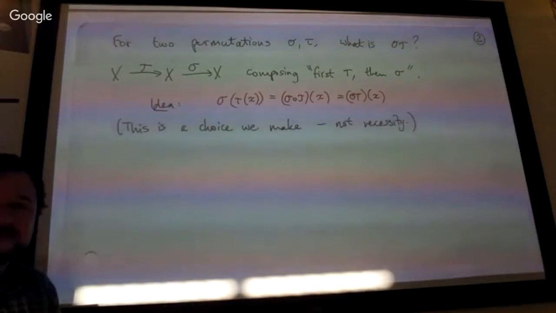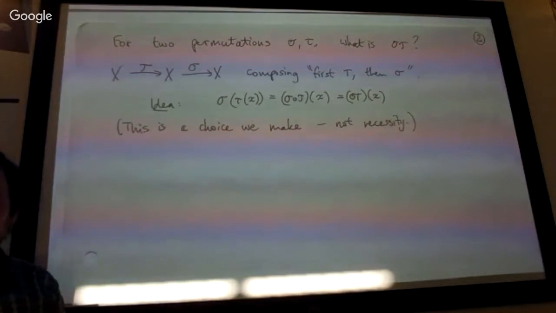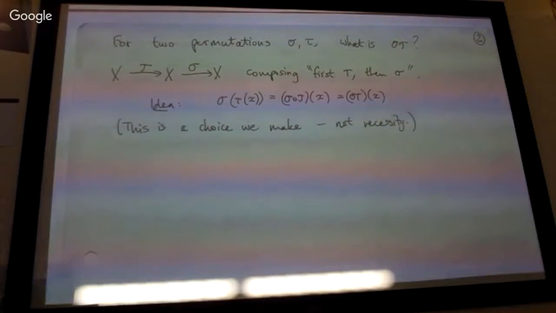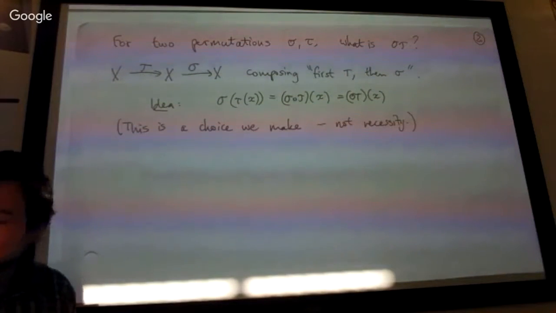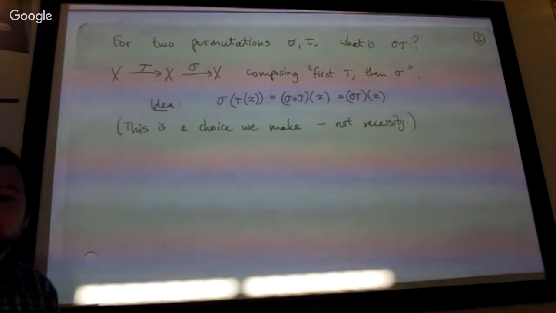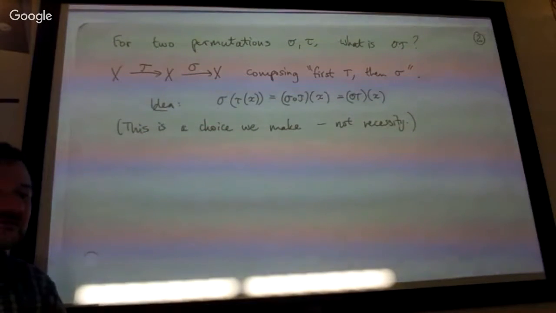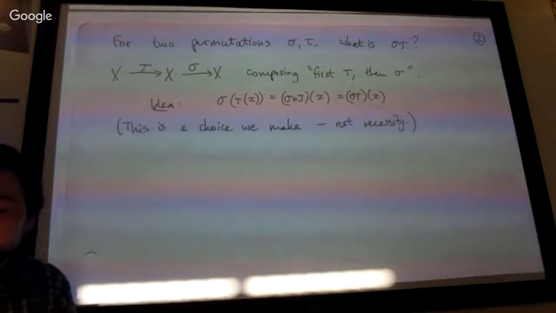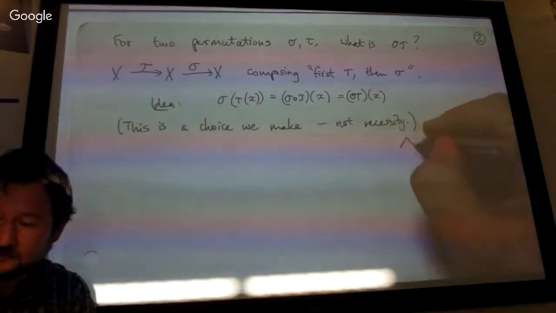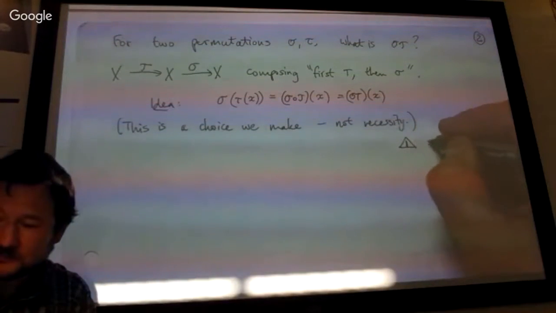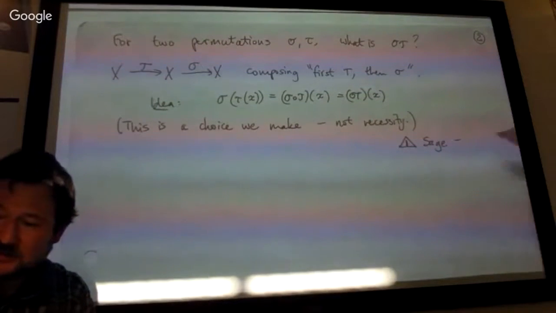Sage. GAP is a module of Sage that does the groups. So in Sage, you have a note about this in the handout. So, Sage, just a warning: not like this.